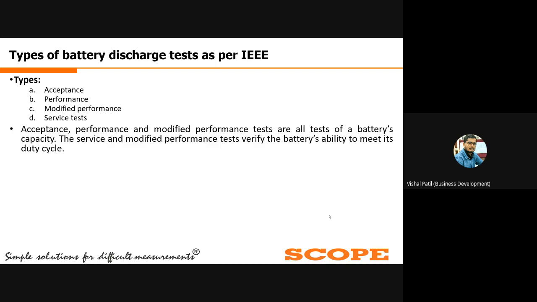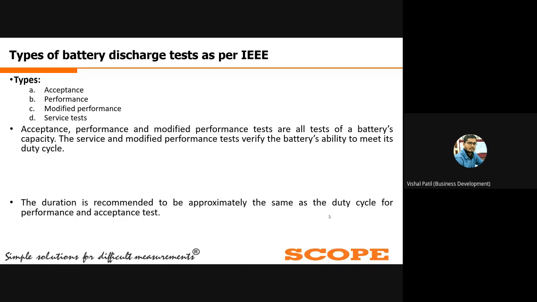So you can see the acceptance, performance and modified performance tests are used to check the battery bank's capacity, and the service and modified performance tests are used to verify the battery bank's ability to meet its duty cycle mentioned as per the battery bank OEM.